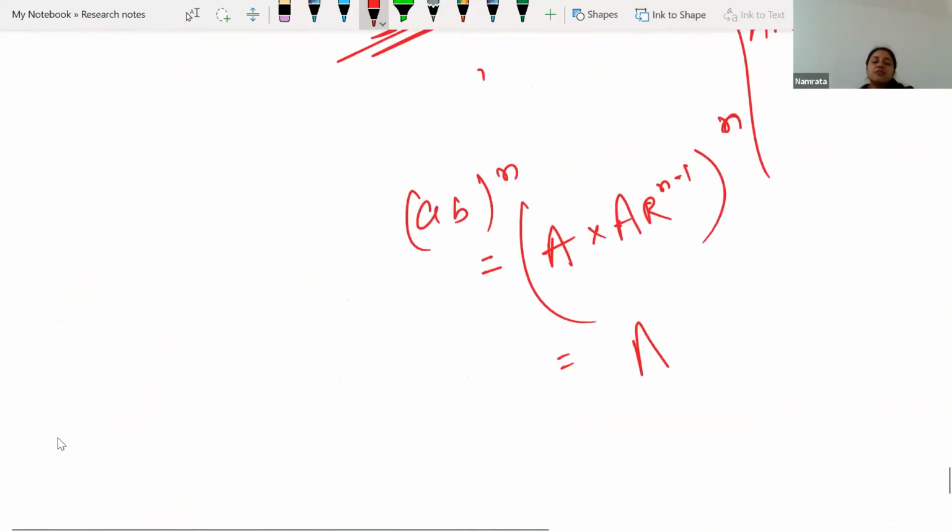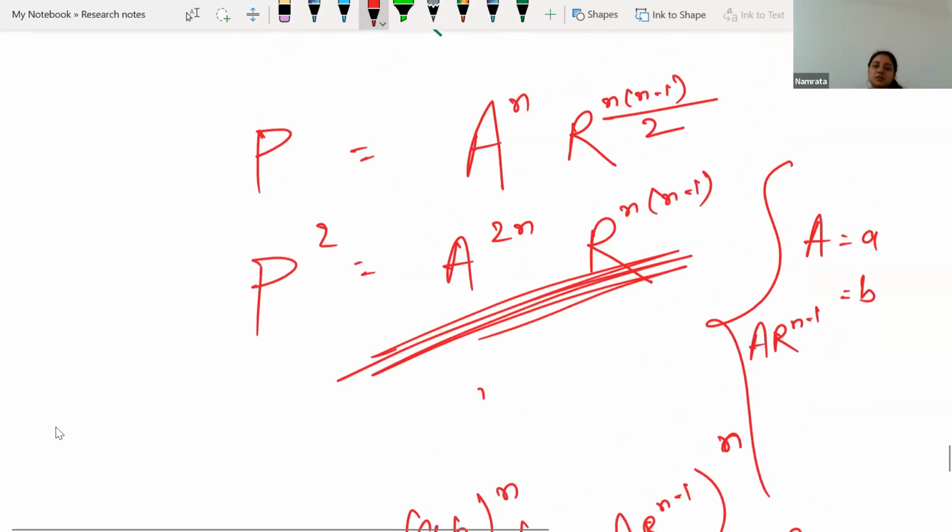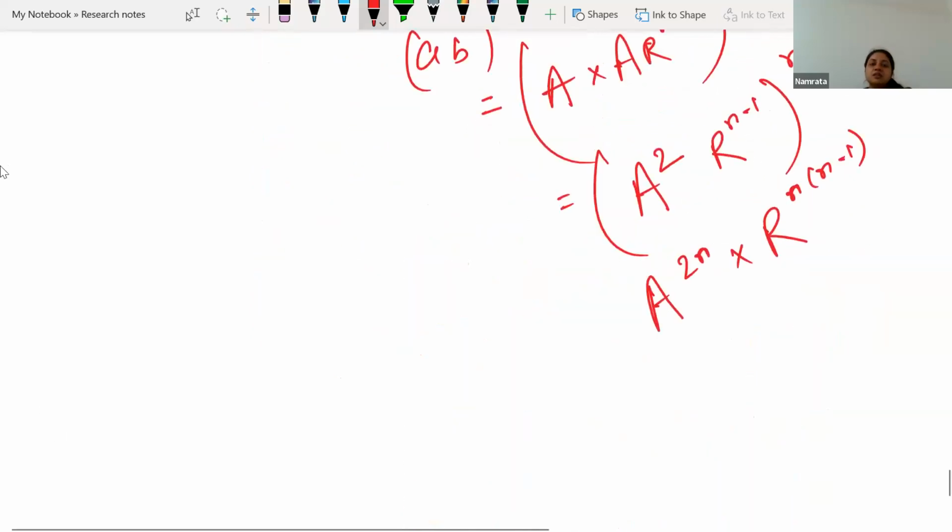So here we will be having a square r to the power n minus 1, that is power n. So we will be having a to the power 2n and r to the power n into n minus 1. Yes or no? Is the P square value the same? Can you see? Yes, ma'am. We are done, right? Yes, ma'am.